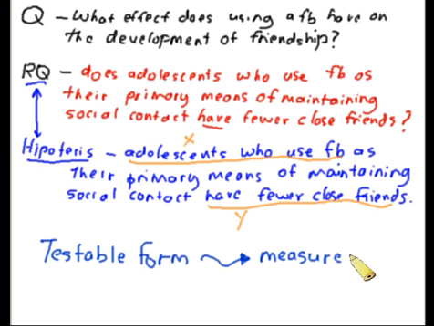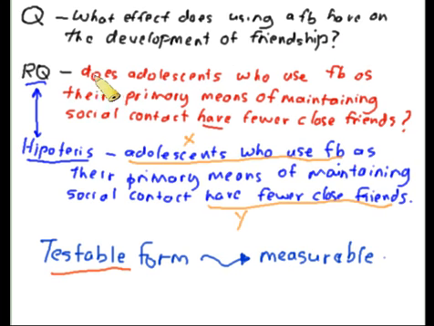You can measure it, right? So you see, this question you cannot measure. Why? Because any answer will do. What effect does using Facebook have? Any effect, effect A, effect B, effect C, all are valid answers. So it is not in a testable form. It is not measurable if you ask this kind of question.